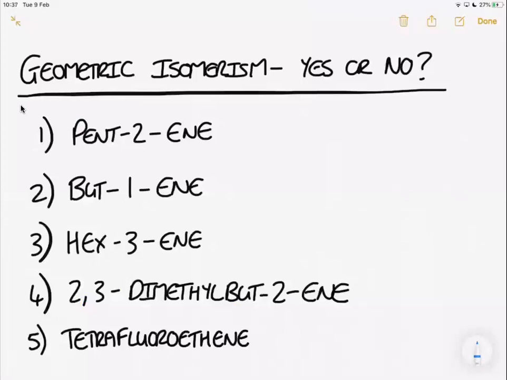Try and determine if you think it can exhibit geometric isomerism. So you do not need to try and draw the geometric isomers. You just need to tell me, is it yes or no? Can you get geometric isomerism or not? If you're not sure how to proceed, just think back to the examples that we just did. You're thinking about what's on either side of the double bond. Pause the video and attempt these 5 questions.